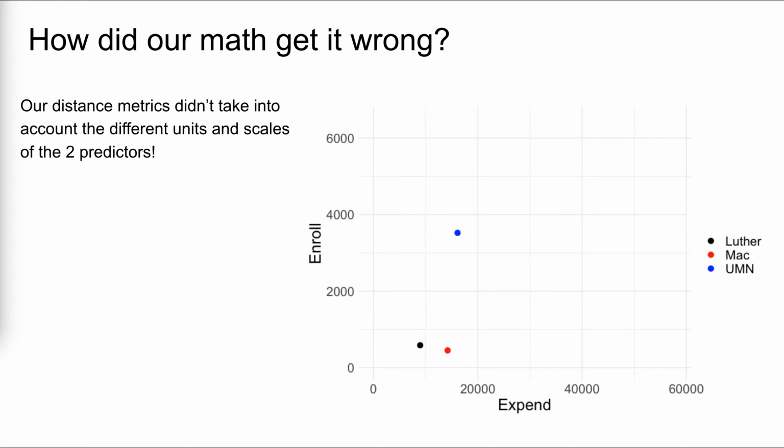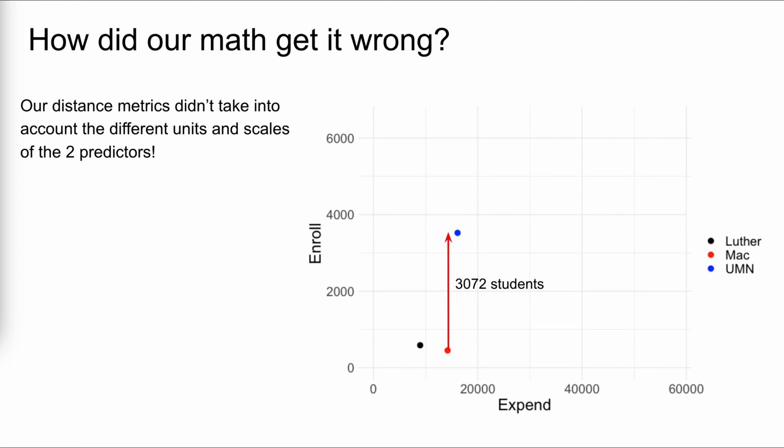Well, our distance measurements didn't take into account the two very different units and scales of our two predictors. First, enrollments are measured by number of students, and expenditure is measured in number of dollars. Second, consider the scales. On the scale of enrollments, the difference of 3,072 students between Mac and UMN is relatively large.